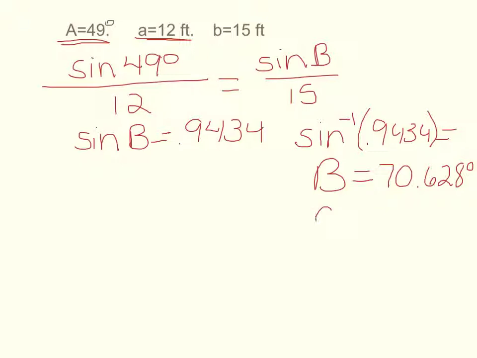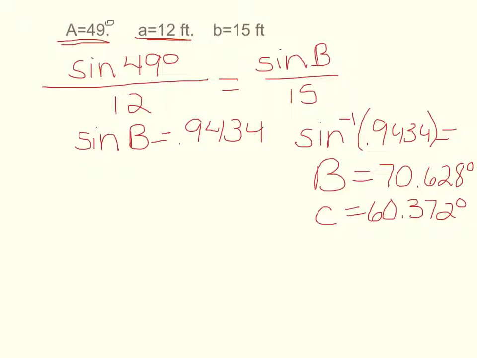So I can quickly calculate the measure of angle C as being 180 minus angle A of 49 and minus angle B at 70 and some change, and I find out that angle C will be 60.372 degrees.